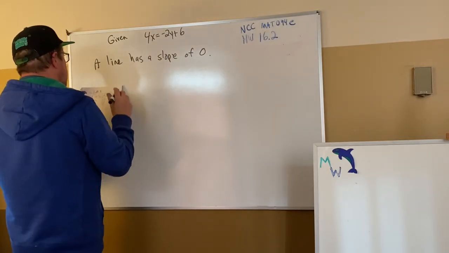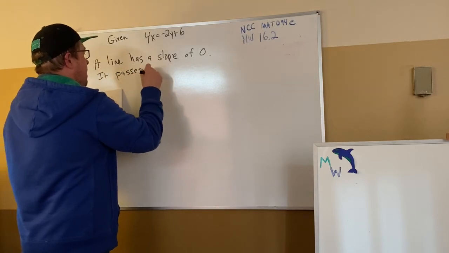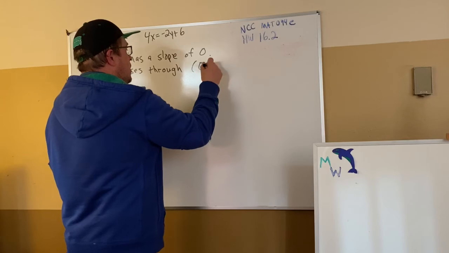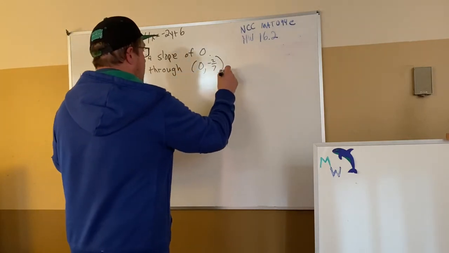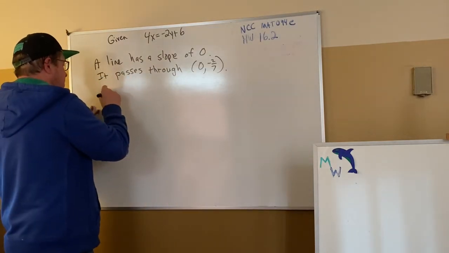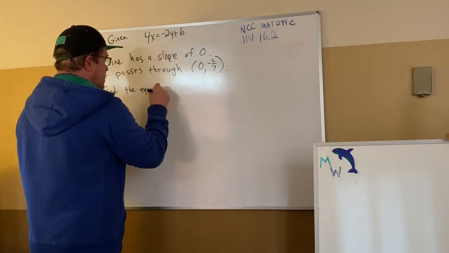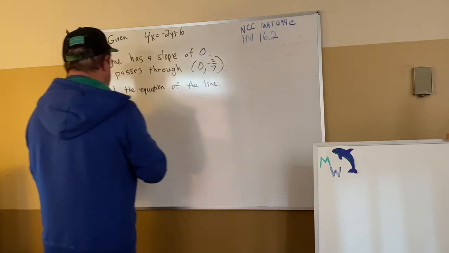That's not impossible. And it passes through this point, 0 and negative 2 over 7. It's going to ask me to find the equation of the line. And graph the line.